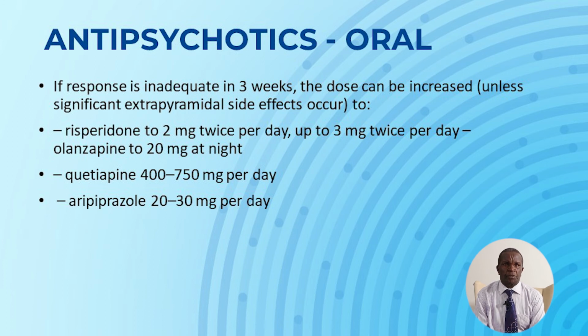Risperidone can be given 2 milligrams twice per day up to 3 milligrams twice per day, and again, you can increase to a maximum of 8 milligrams in a day. Olanzapine, 20 milligrams at night is the maximum dose. Quetiapine, 400 to 750 milligrams per day. And aripiprazole, up to a maximum of 30 milligrams per day.